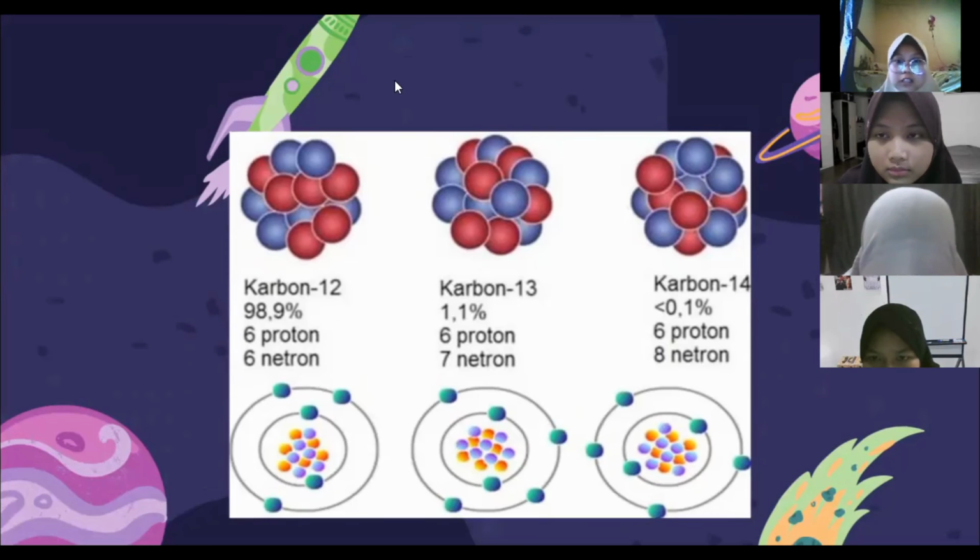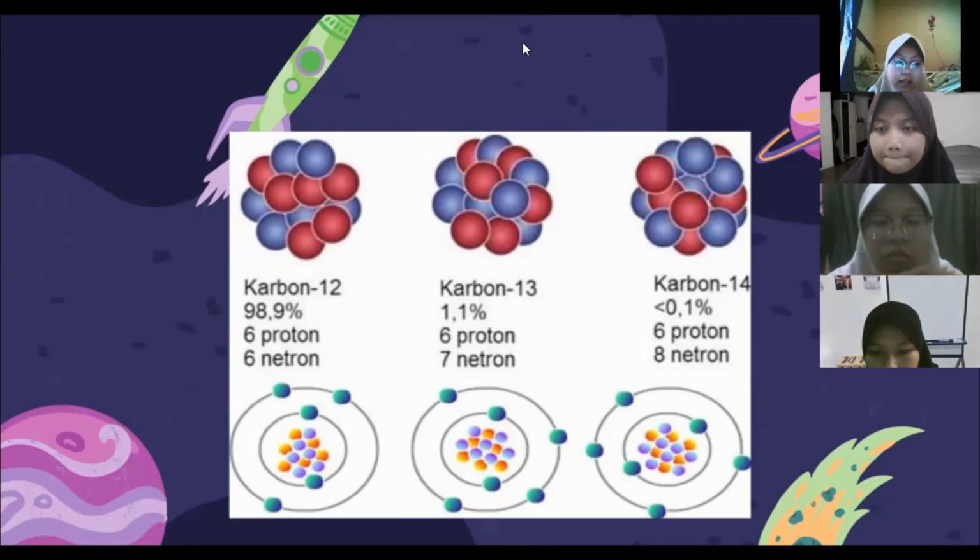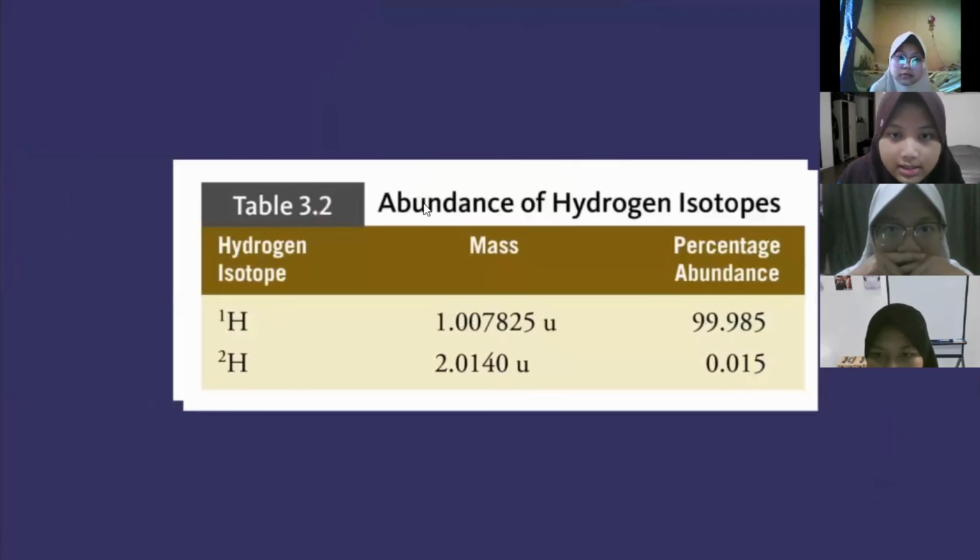We can calculate this with the formula Nida explained before, right? With Z and A, right? But Khaliza, in the periodic table I see hydrogen. How about hydrogen? What is the mass and the isotope of hydrogen? This is the isotope of hydrogen.